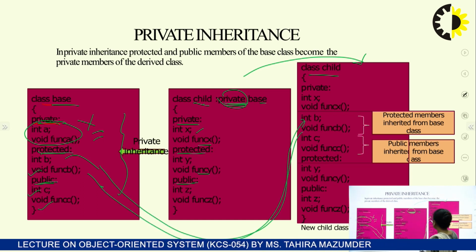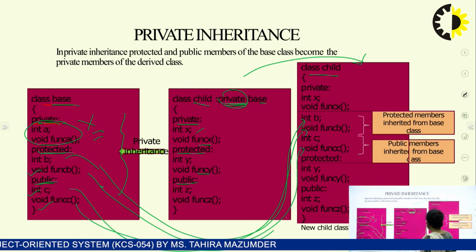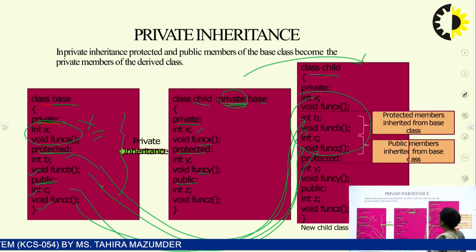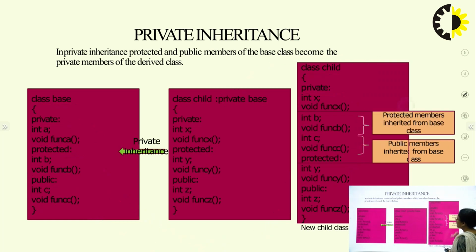They are all becoming private members of the derived class, and the remaining remains as it was. So that is what we are saying. If the inheritance is private, the protected members and the public members all come here as private members of the derived class.